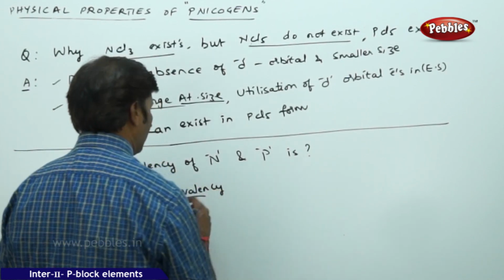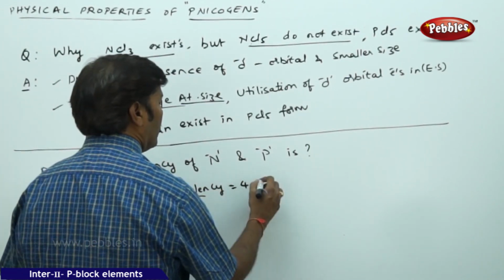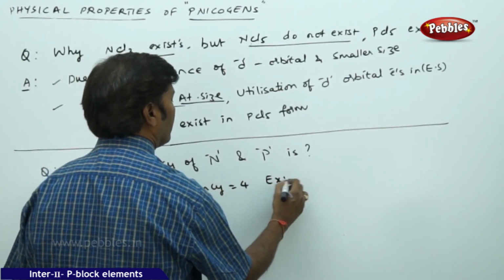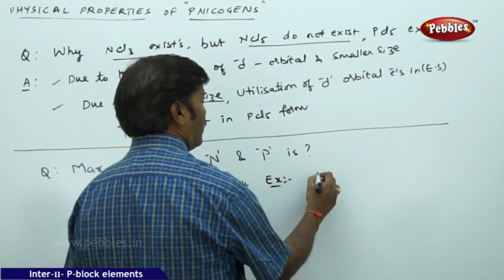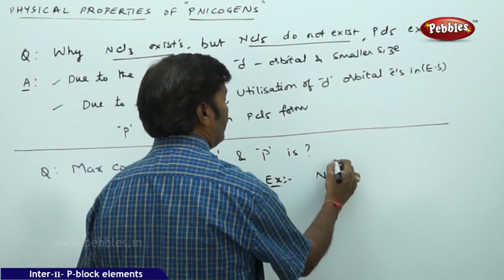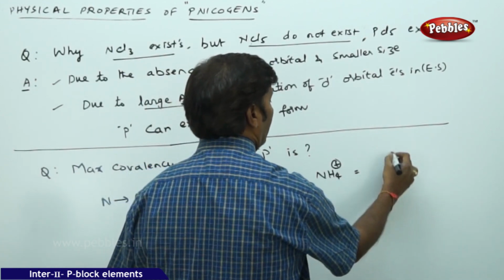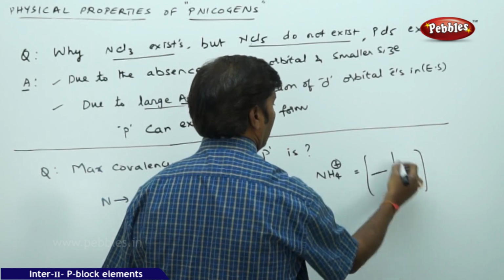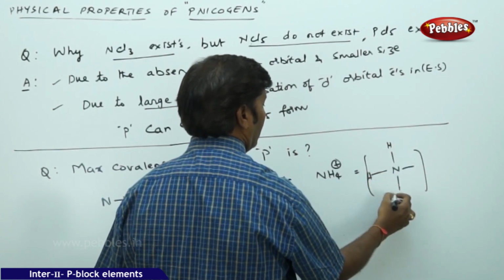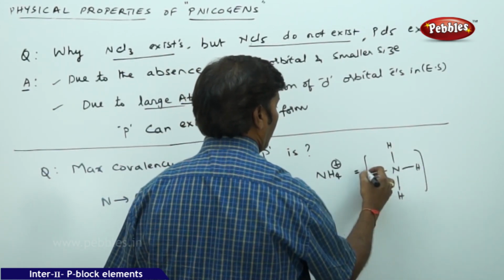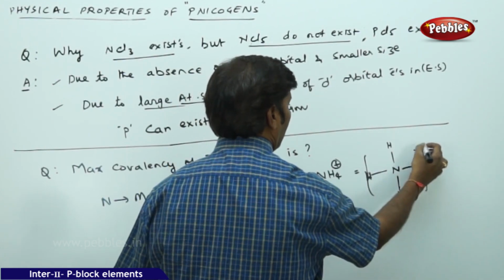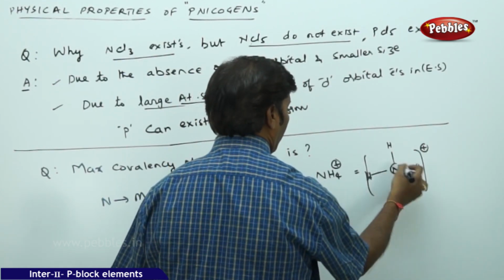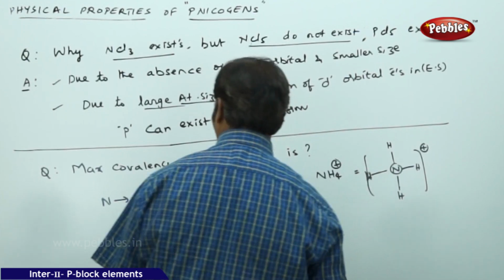The maximum covalency of nitrogen is up to 4. The best example is the ammonium cation, which has 4 covalent bonds to four hydrogens, with one positive charge. So the covalency is 4.